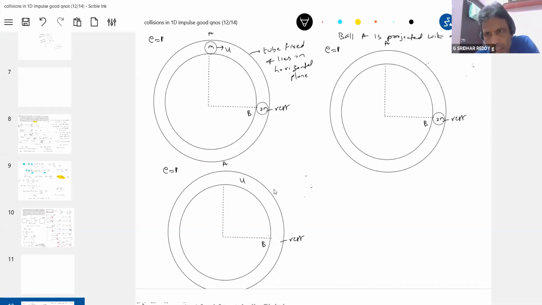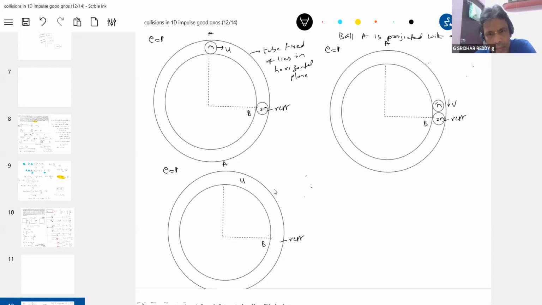So it will come and collide here. Just before collision, this will have speed u. They collide here elastically. So will they exchange velocities? No, the masses are not equal: m and 2m.